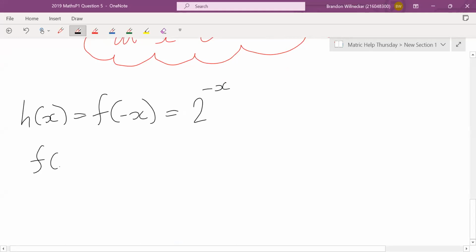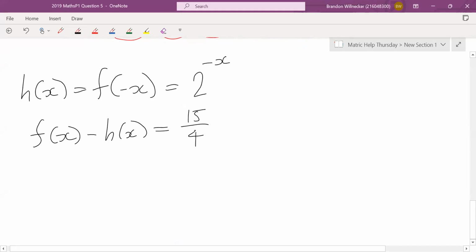Now, what did they want to know? They wanted to know f of x minus h of x is equal to 15/4. Looks a bit strange, but let's see what we can do. f of x, so that's the unaltered form, was 2 to the x. h of x is going to be 2 to the minus x, and that's equal to 15/4.